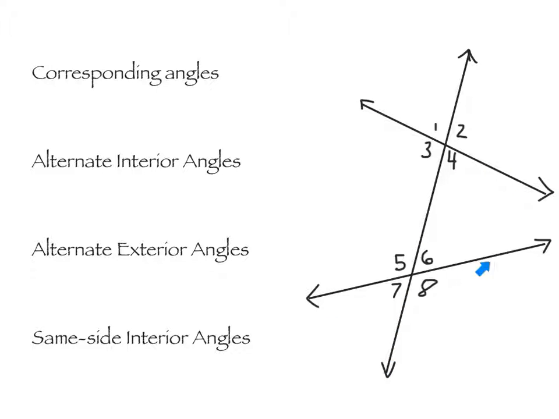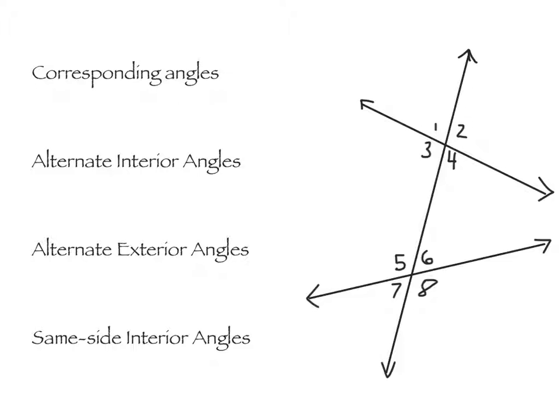These are the 2 lines that the transversal intersects. So if I were to talk about inside and outside, this would all be interior because it's all on the inside of those 2 lines. This and this would all be exterior. Those are on the outside of those 2 lines.